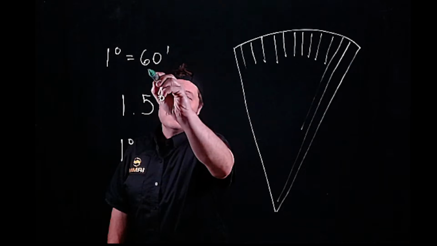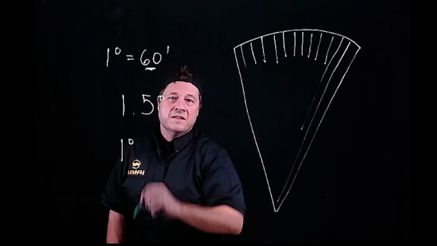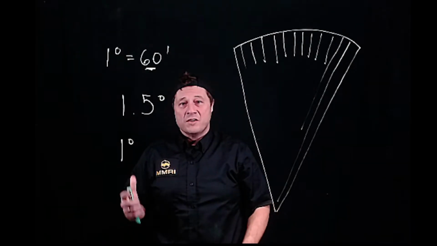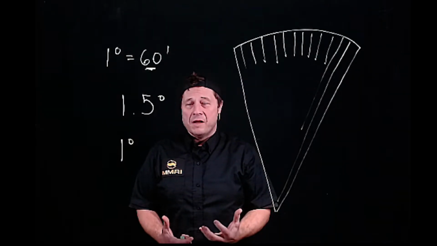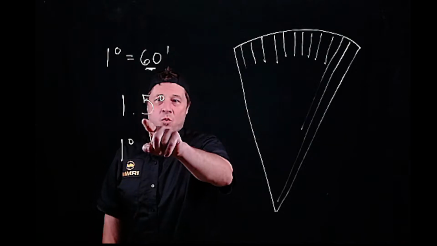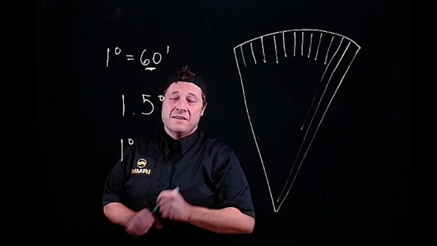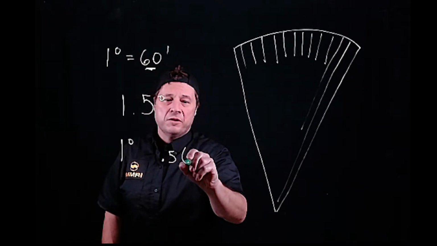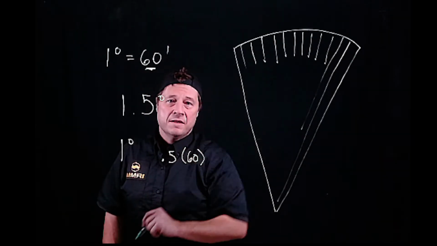So this is our multiplier, guys. Because there are 60 minutes in 1 degree, that becomes our multiplier. So if I want to know what 0.5 is in minutes, then I take that 0.5 and I multiply it by 60, right?